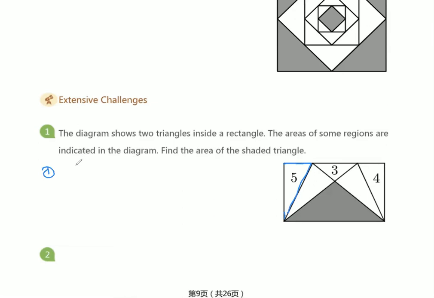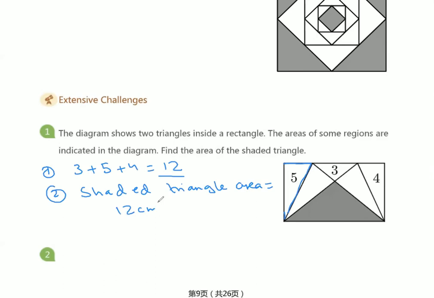So we know that 3 plus 5 plus 4, of course, is 12, okay? And we know that that very simply is going to be equal to the shaded triangle. So shaded triangle area is also just going to be 12 centimeters squared. Okay, looking at what we've just learned.